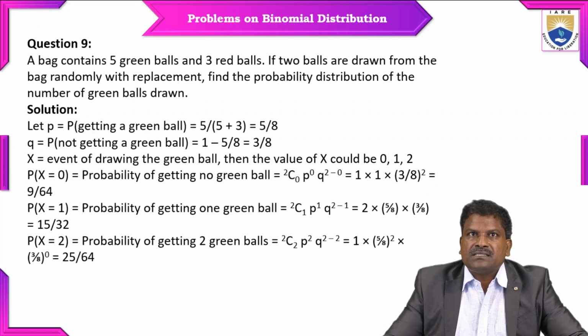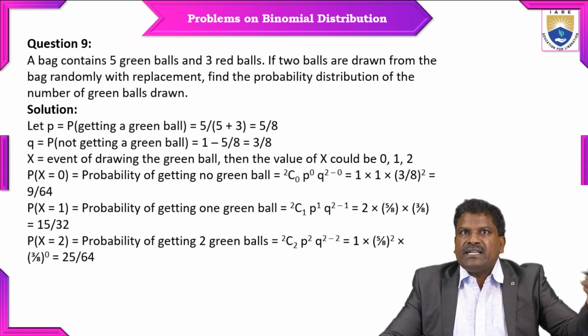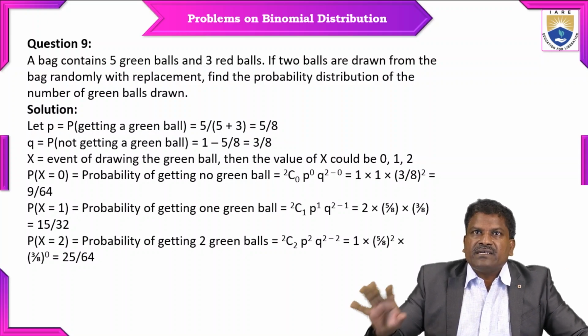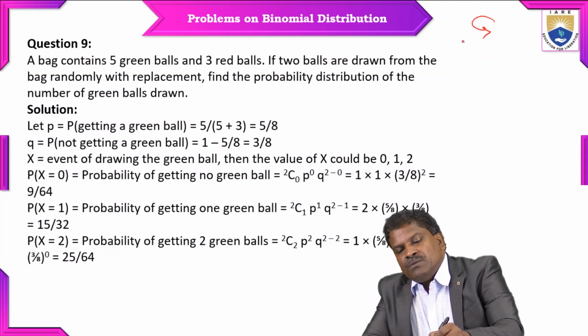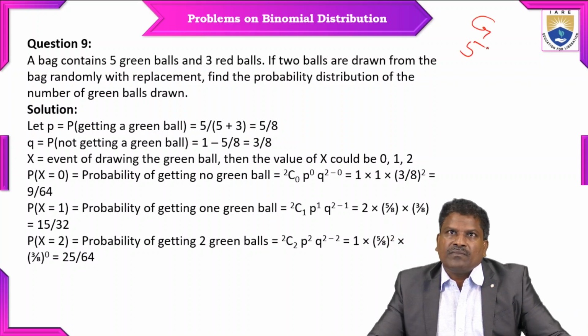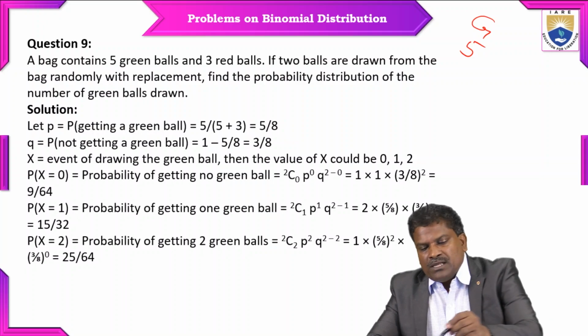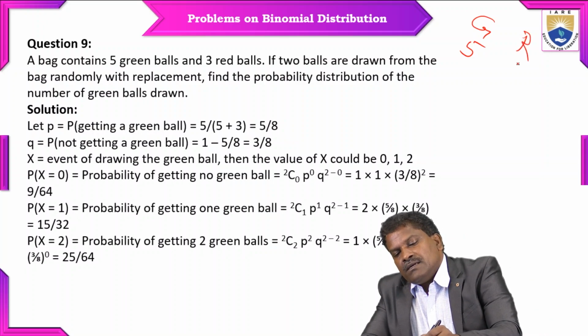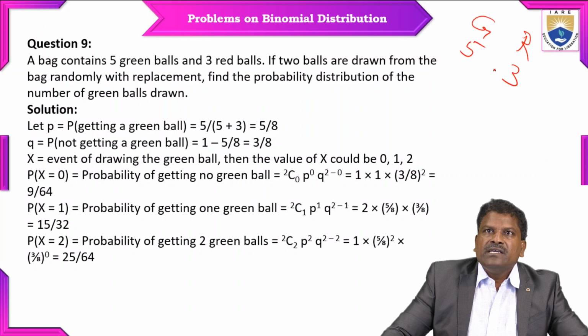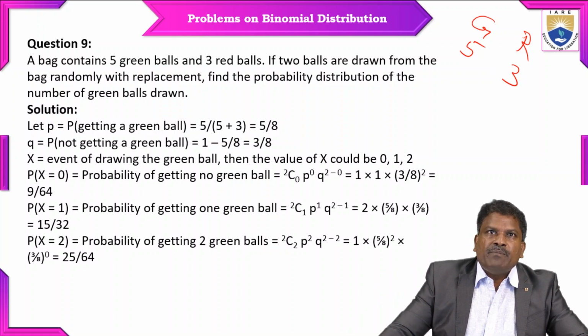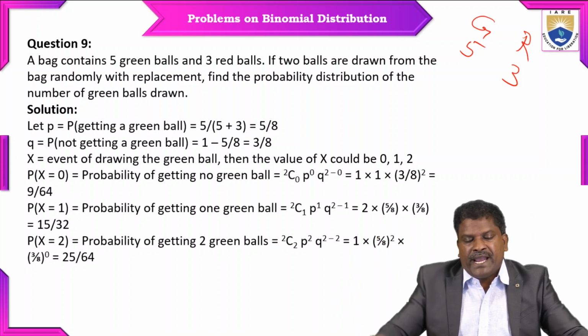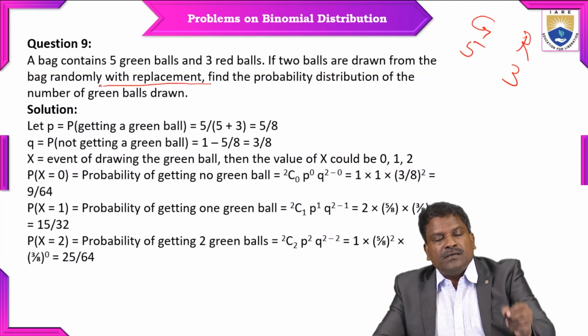Now let us see another sum. A bag contains 5 green balls and 3 red balls. Green balls are 5, red balls are 3. If 2 balls are drawn from the bag randomly with replacement, very very important.